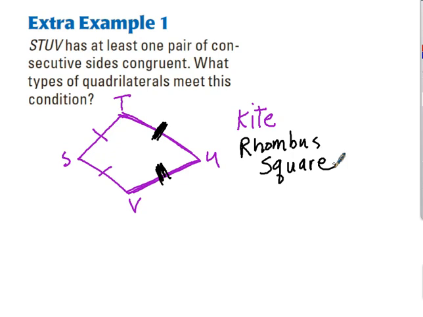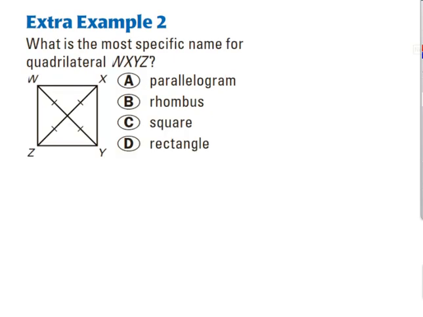So it's very possible to have 3 different special quadrilaterals, the kite, the rhombus, and the square, with at least one pair of consecutive sides congruent.